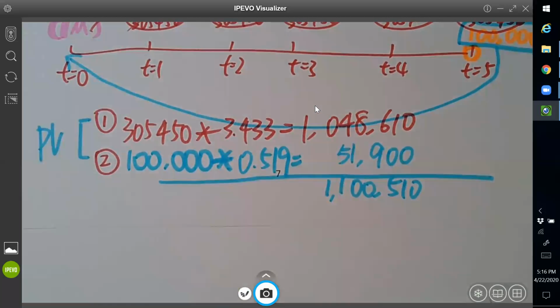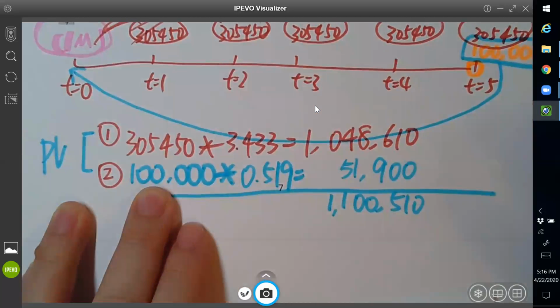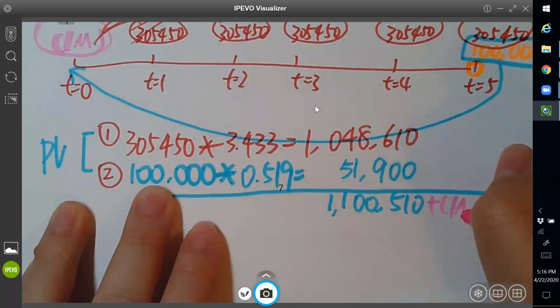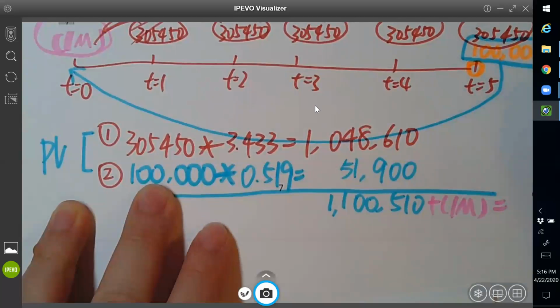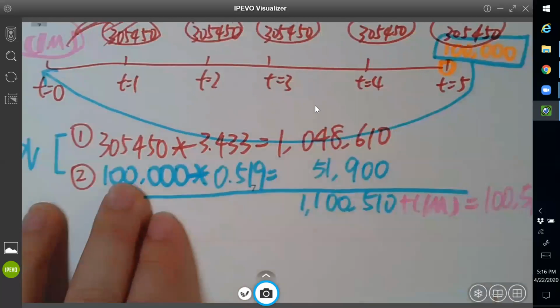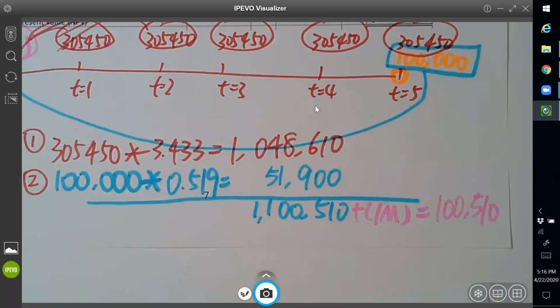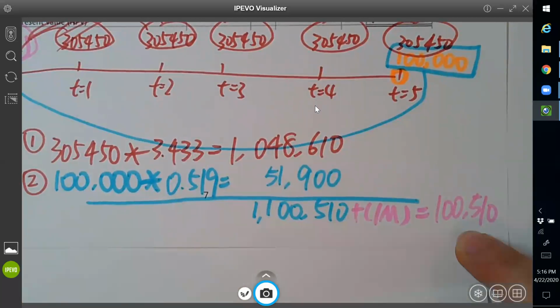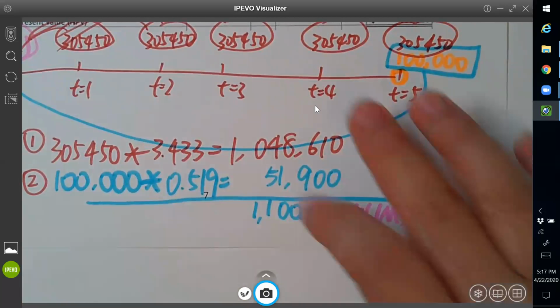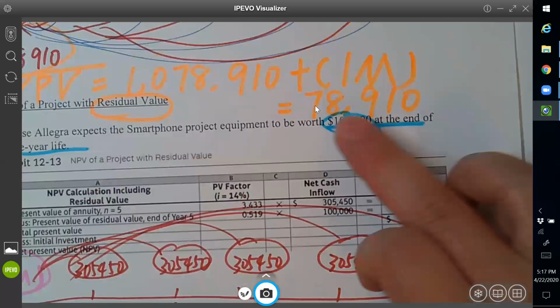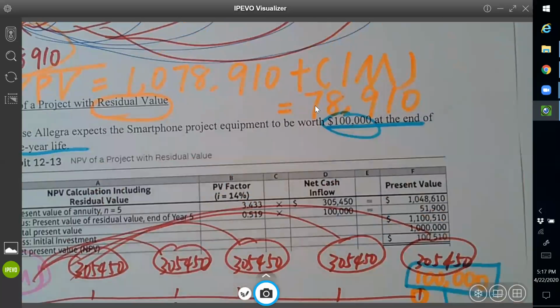We still have the outflow at the beginning of 1 million. So your NPV will be 100,510. So if this is the case, our smartphone NPV is 100,510, and the other one is 78,910. So now we should invest in the smartphone.